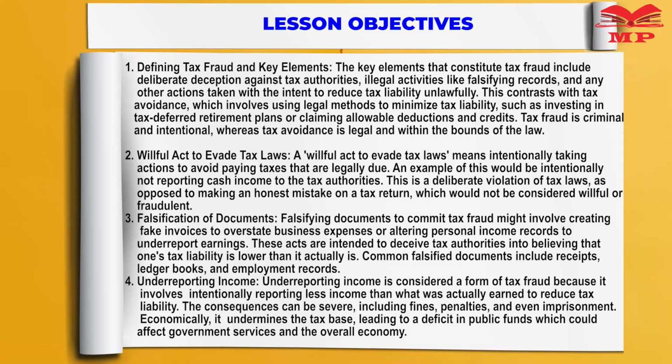These acts are intended to deceive tax authorities into believing that one's tax liability is lower than it actually is. Common falsified documents include receipts, ledger books, and employment records.